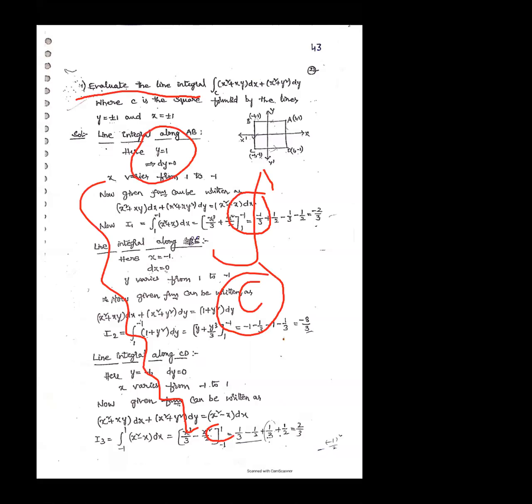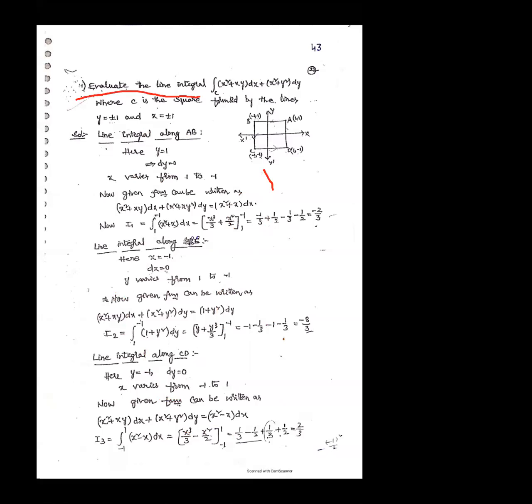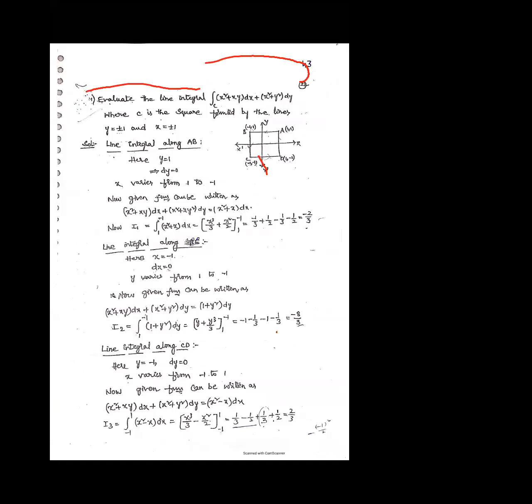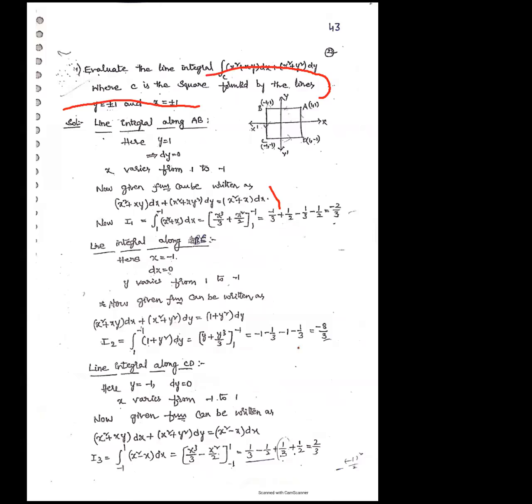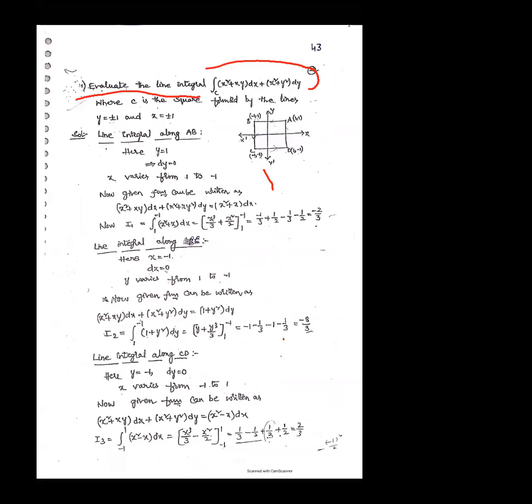Okay. So, the line integral of (x² + xy) dx + (x² + y²) dy, where C is the square formed by the lines y equal to plus or minus 1 and x equal to plus or minus 1.